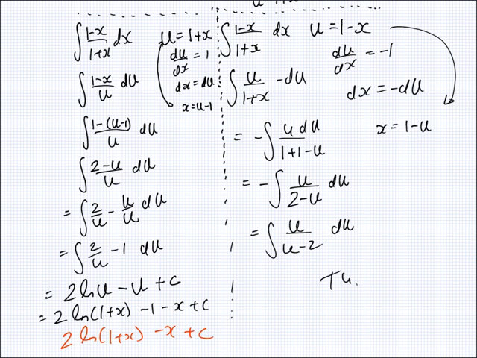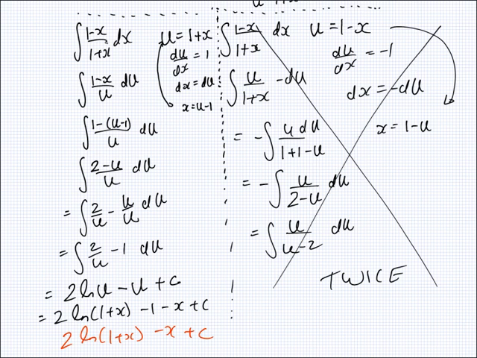So this way would be literally twice as long. This is not the best thing to be doing here. We should substitute the denominator. So it's really important to realise you have the right substitution at the start before you start, yeah?